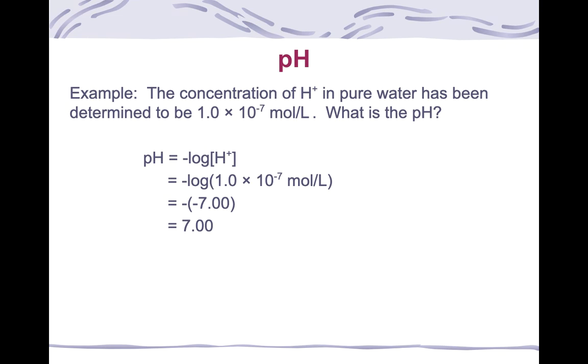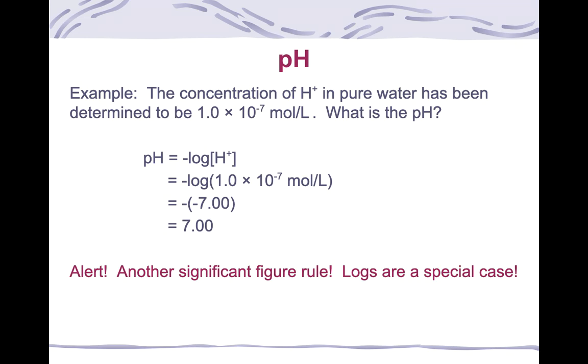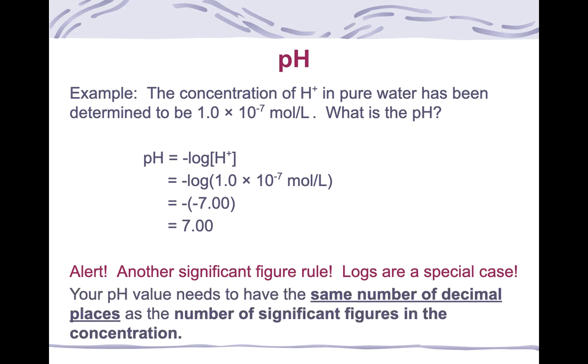When you're doing these calculations, there is another significant figure rule that you have to keep in mind. When you're using logs and exponents, it's a special case. So another rule to learn. Your pH value needs to have the same number of decimal places as the number of significant figures in the concentration.